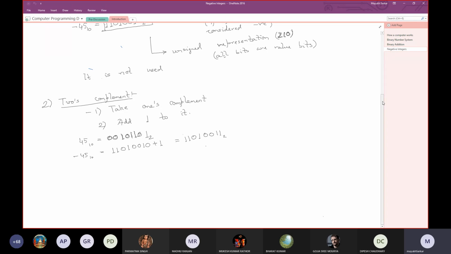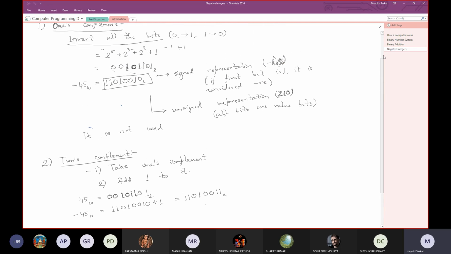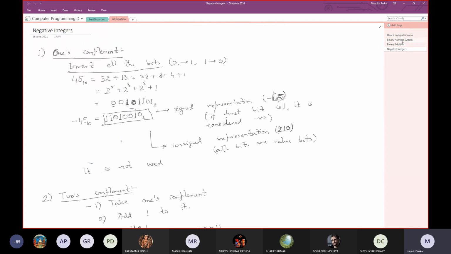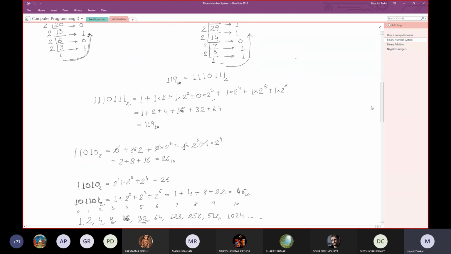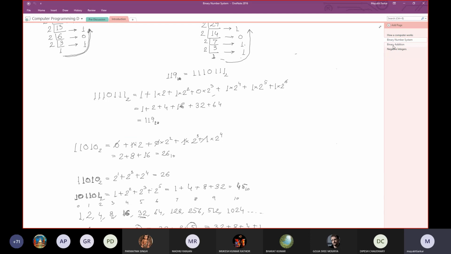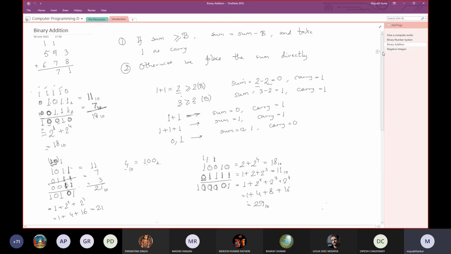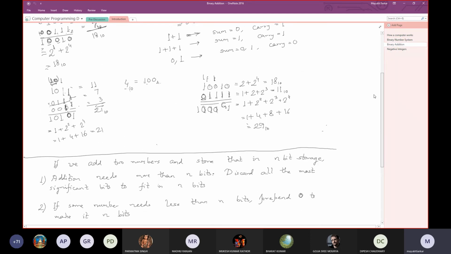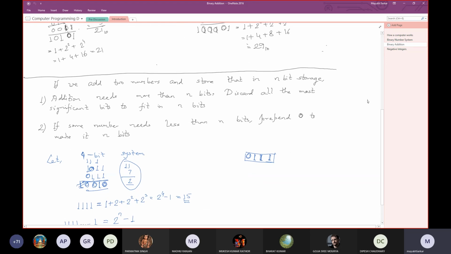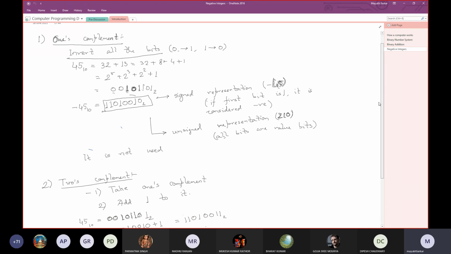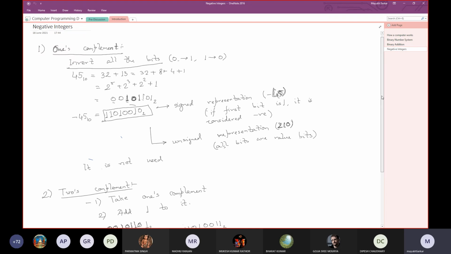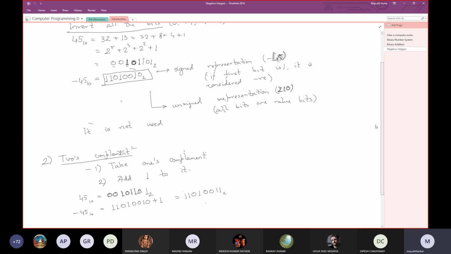In the previous week, we have seen how to represent a binary number system, that means how to represent any number in binary, and then how to perform adding two numbers in binary, right? And then we have utilized that, and we have seen two ways to represent negative numbers, one's complement and two's complement.